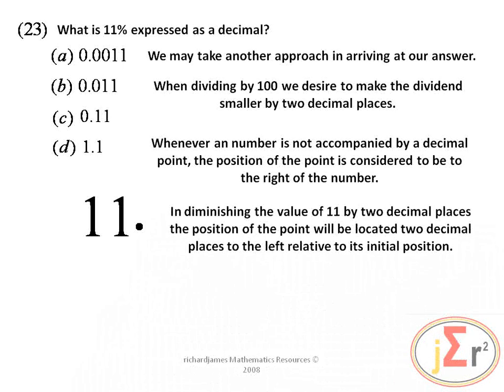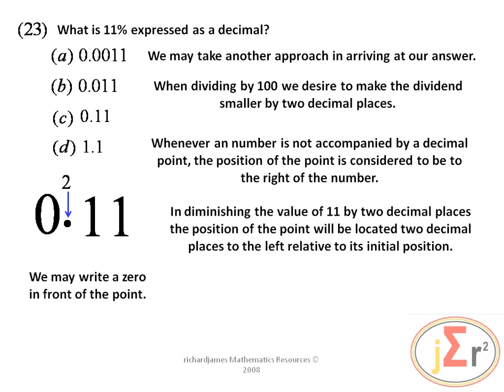In diminishing the value of 11 by 2 decimal places, the position of the point will be located 2 decimal places to the left relative to its initial position. So we are going to 1, 2. We may write a 0 in front of the point, and the correct answer, as we have discovered already, is option C.